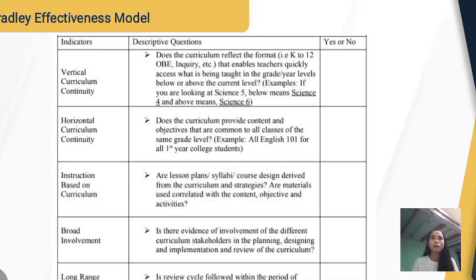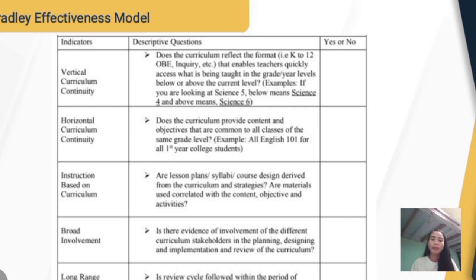Kumbaga, something may improvement from grade 7, for example, we are evaluating a math curriculum. So, for example, sa grade 7, yung mga students learn how to solve linear equations.